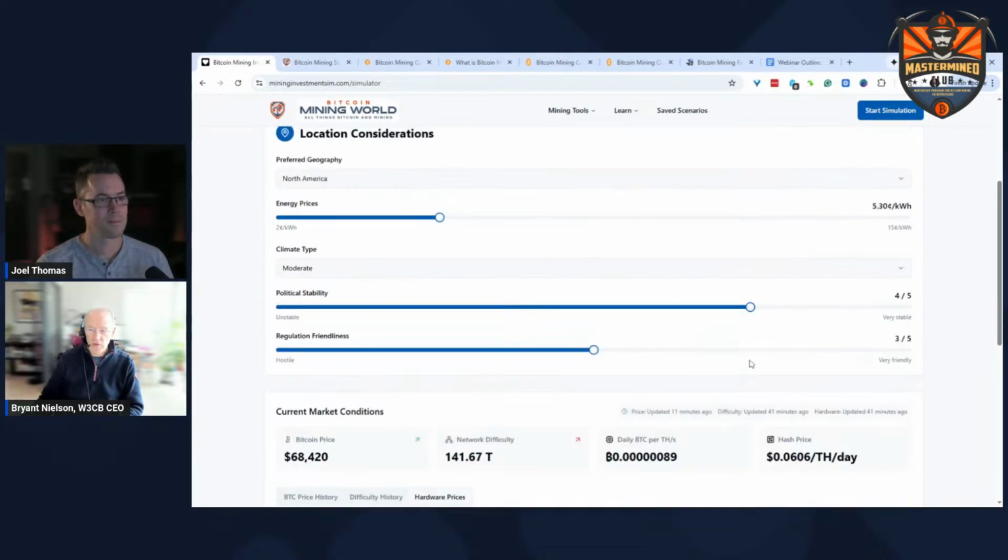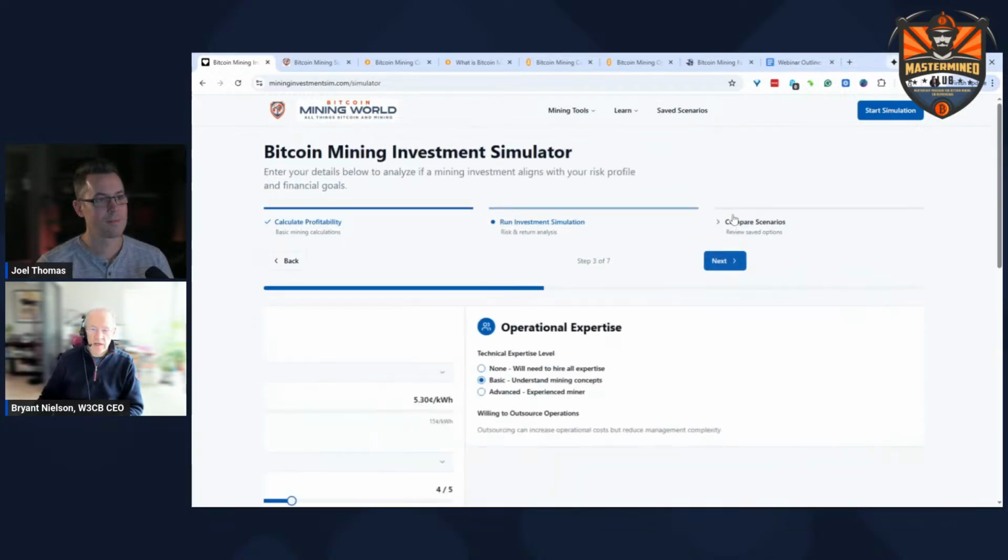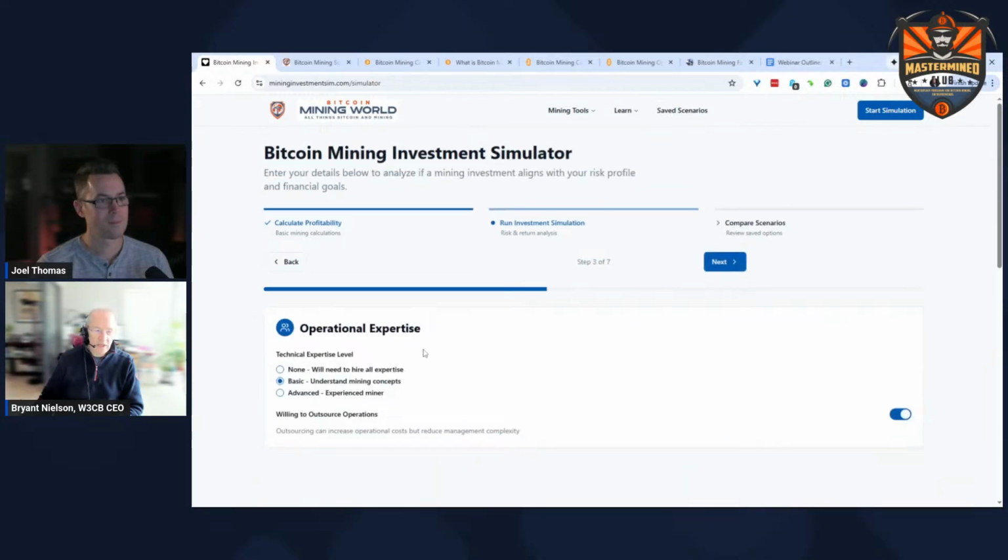You can look through these things and then define what your experience is. You can have none, which is I will hire all the expertise. I have a basic understanding, which is the default, or I'm an advanced miner, and I might be expanding my operations, or considering a new location for a second facility.